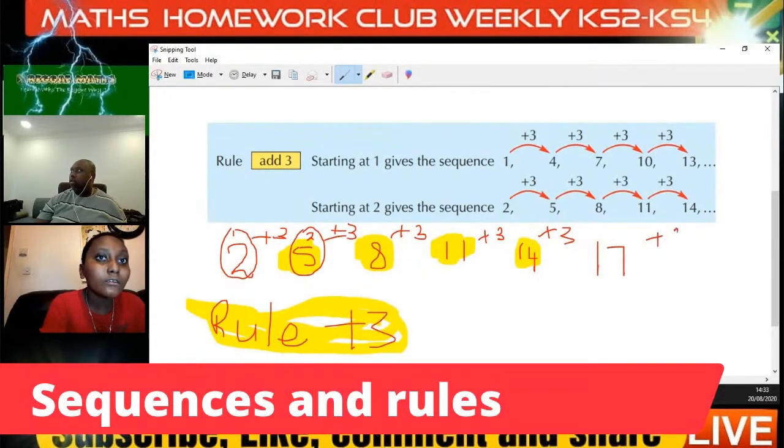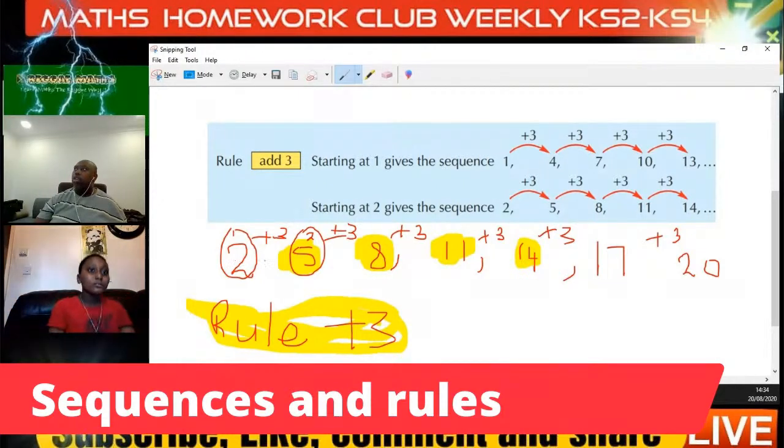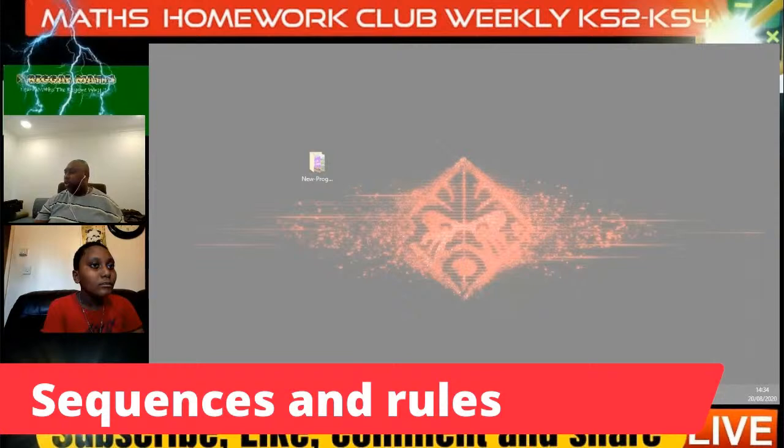Add 3. 18, 19, 20. Well done. Okay. These numbers here are known as a sequence, right? The rule is adding 3. Now, let's look at another sequence here.